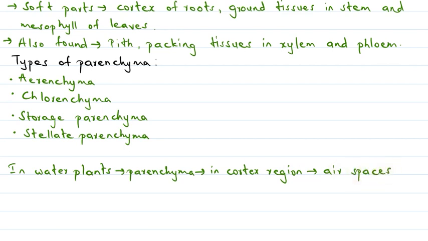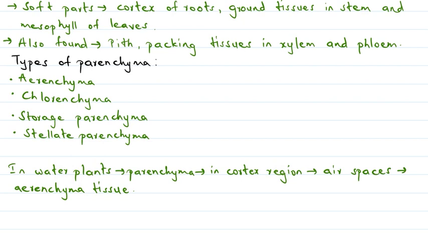Okay, so this air-filled parenchyma tissue is called aerenchyma tissue. Okay, so aerenchyma is a parenchyma tissue present in aquatic plants in their cortex region that has large intercellular spaces, which are known as air spaces.